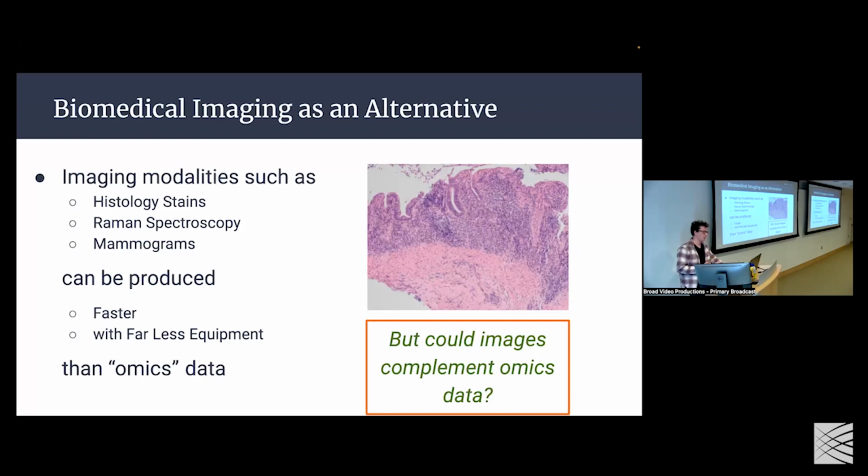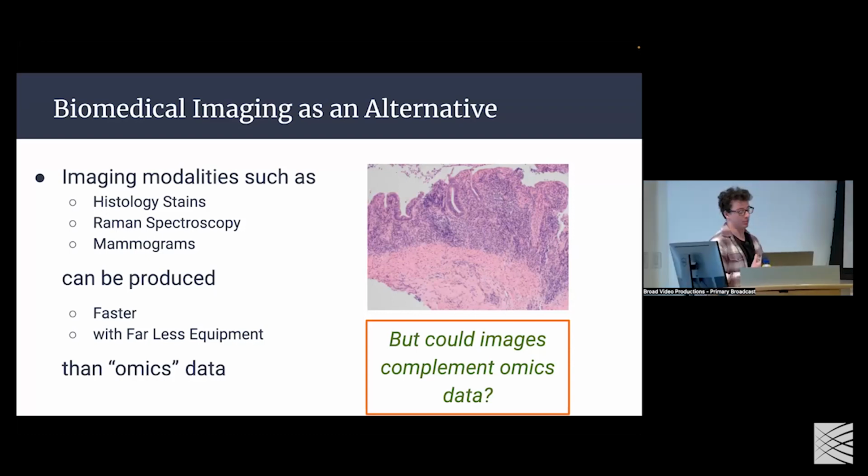Notice that these are a lot easier to produce than omics data.